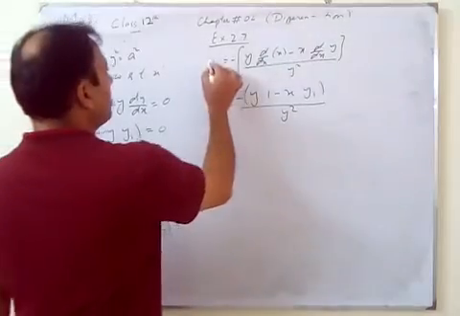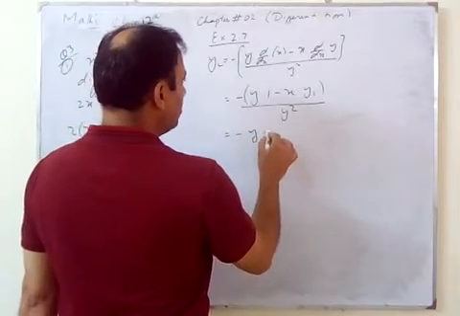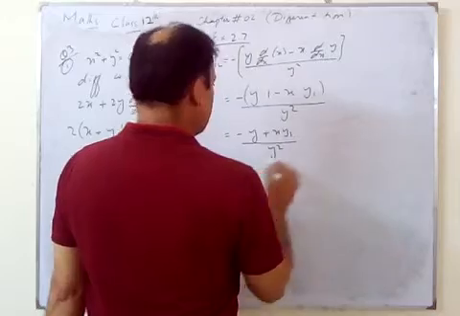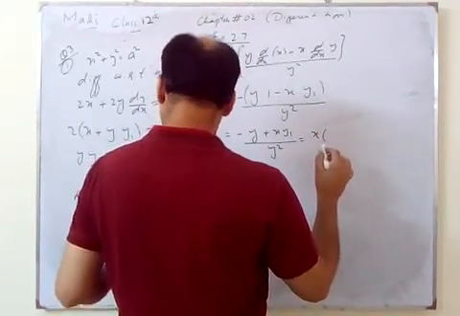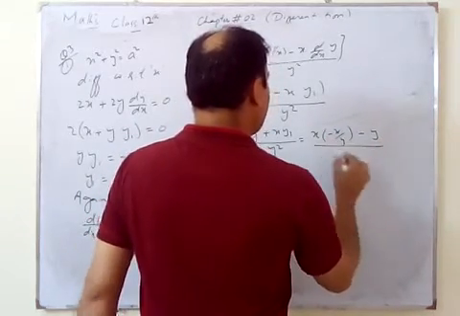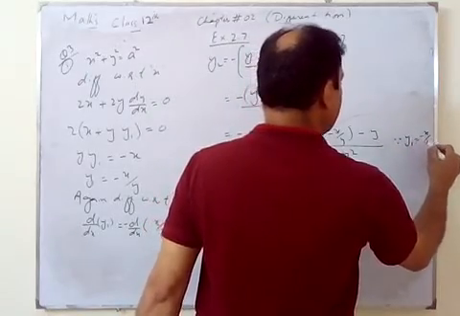And this becomes y2 equal to minus y plus x y1 divided by y square, or minus y minus x y1, since y1 is equal to minus x by y.